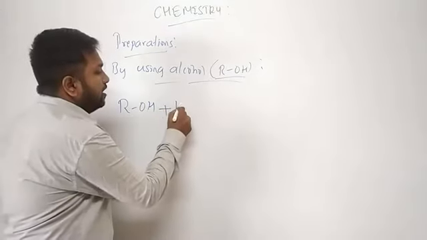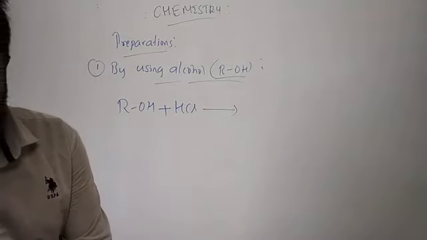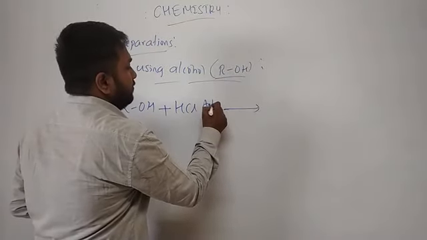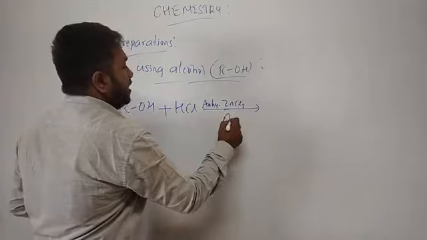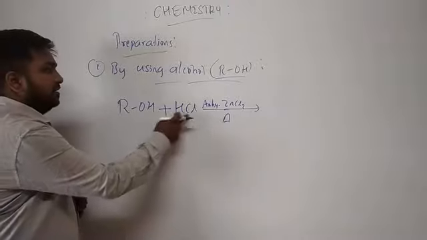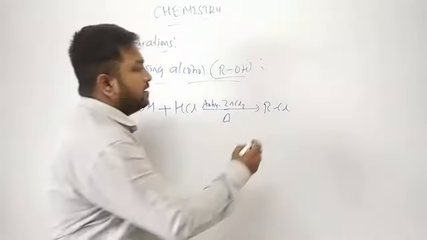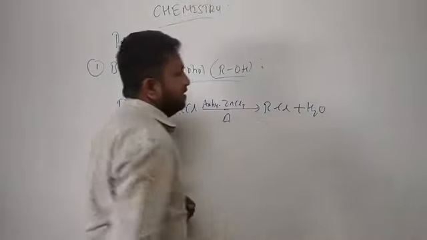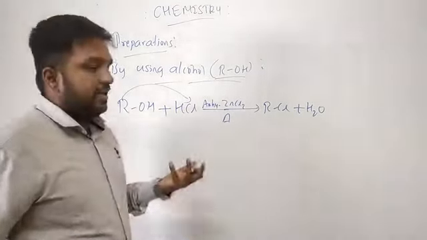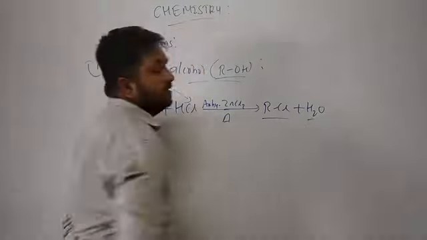When this alcohol is treated with hydrochloric acid in the presence of anhydrous zinc chloride, and when you heat it, it forms alkyl halide, RCl, and water will be eliminated. Clear? So it forms RCl, that is alkyl chloride. If you take any X also, it is possible, that is a halogen. It forms alkyl halide with the liberation of water.